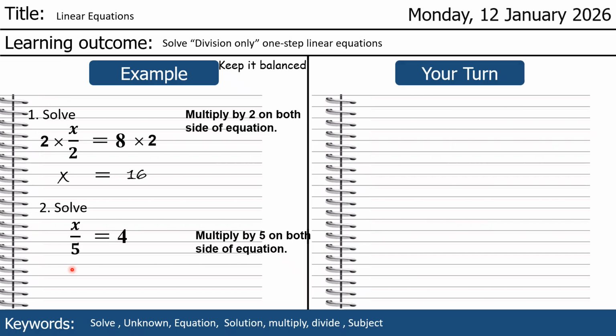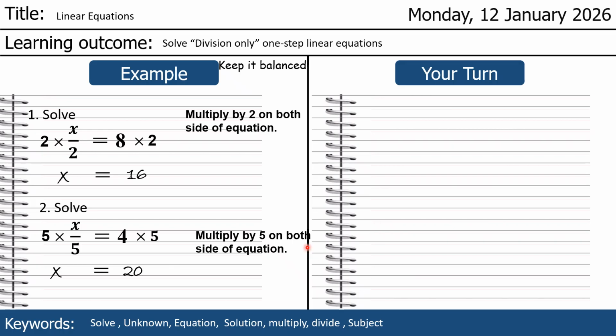Here we go. And remember to multiply the right hand side of the equation by 5. And this is to ensure that the equation remains balanced. So here we'll have x being equal to 4 times 5, which is 20.